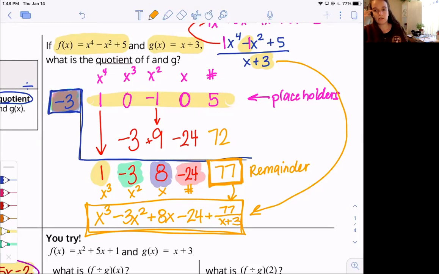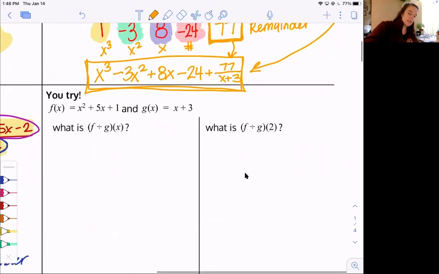All right. If you are a 0 or a 1, I want you to hang tight. If you are a 2, 3, 4, or 5, I want you to try this one right here.